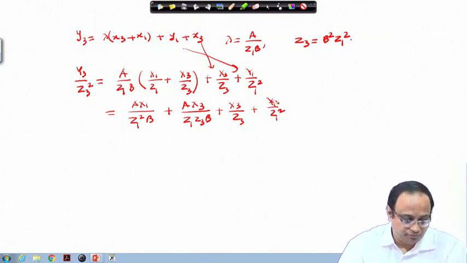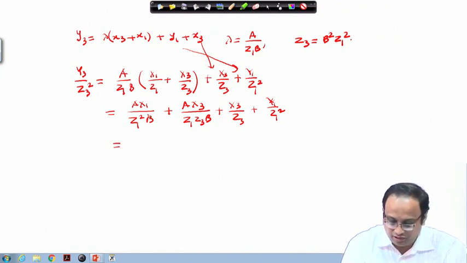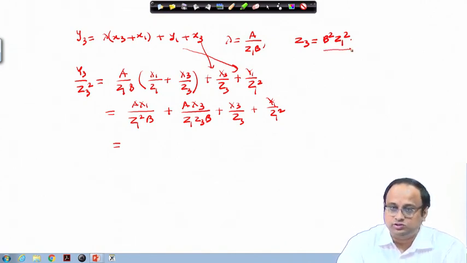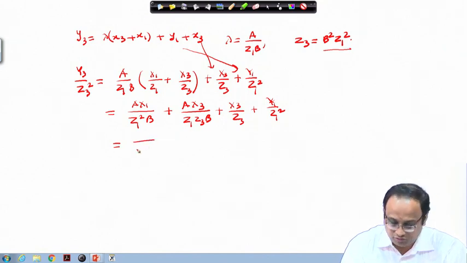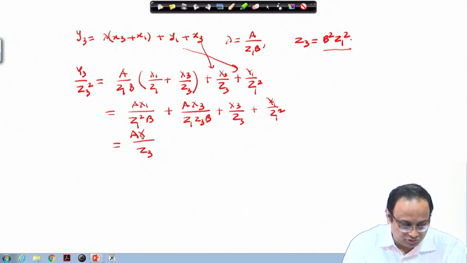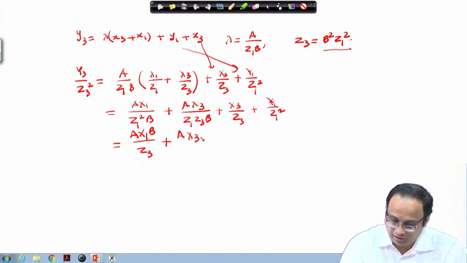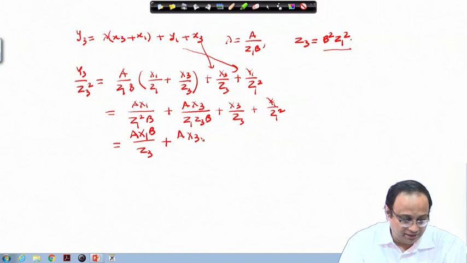Okay. So, now we can multiply the numerator and denominator here by b, and you see that if I do that, then I get b squared z1 squared, and that is equal to z3. Okay. So, therefore, I can write the denominator as z3, and that means that I have multiplied the numerator also by b. So, I have got a x1 b. Okay. Plus I have got a x3, and I multiply again the numerator and the denominator by z1b.